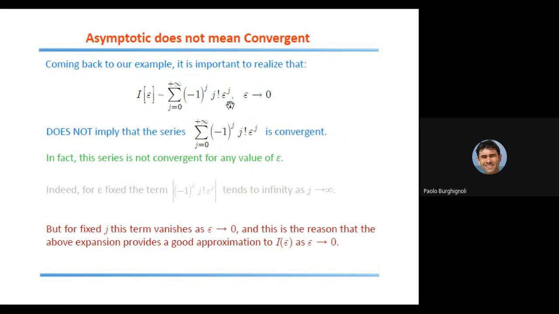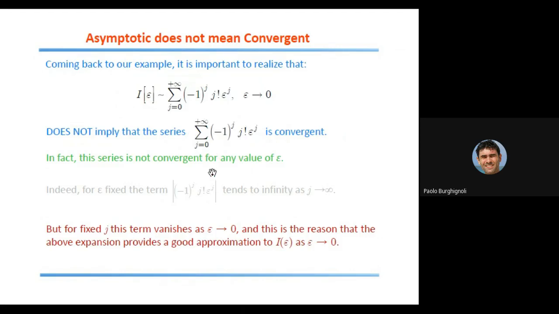However, this asymptotic series is not convergent, and it is very simple to see that it is divergent, because if you fix a given value of epsilon and you try to sum for j from 0 to infinity, then because of this factorial, the series is clearly not convergent.